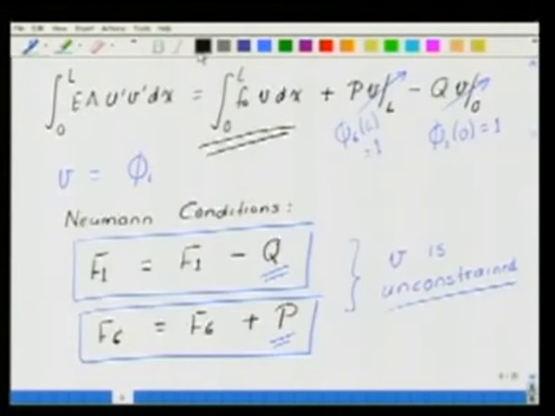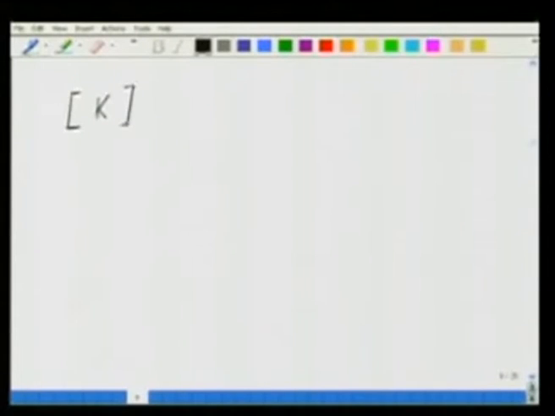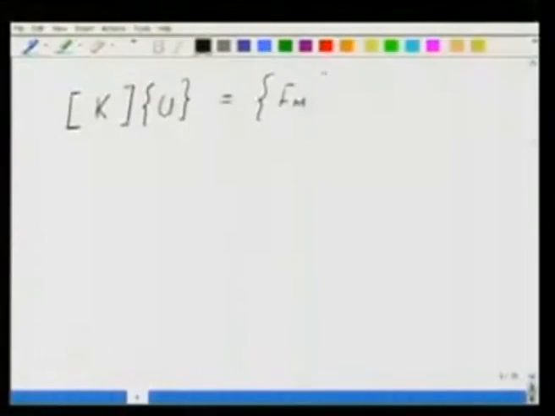What does that mean? Remember that there is no geometric constraint to be imposed. So we take the original K that we got out of assembly, keep it, and the load vector will be modified, the one which we obtained by the previous step.